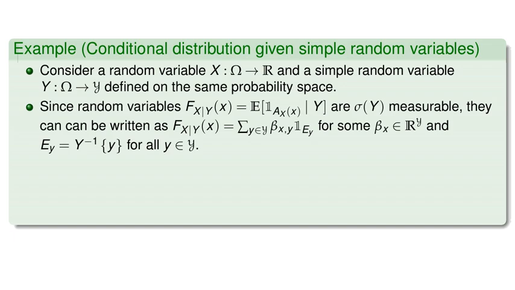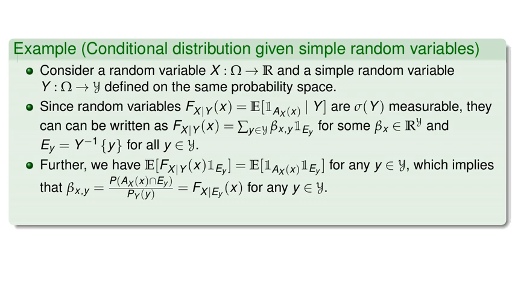Since the conditional distribution F sub X given Y of x, which is the expectation of indicator A sub x of X given Y, must be sigma of Y measurable, it must be constant on the atoms E sub y, where E sub y is the event Y equals y. Therefore, F sub X given Y of x can be written as a sum over y in script Y of some coefficient beta sub x comma y times the indicator of E sub y, for some coefficients beta that depend on y.